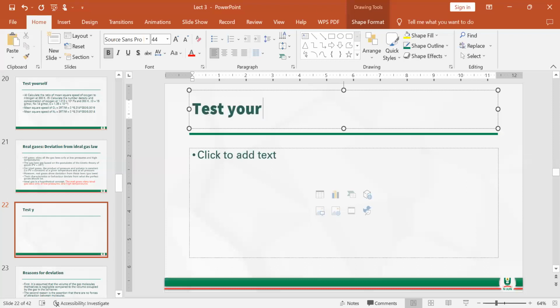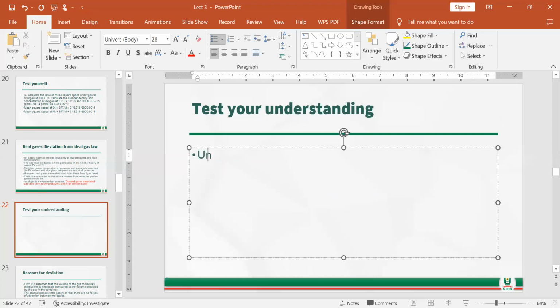So now let's test your understanding. Under what condition do real gases obey the gas laws? So what are the conditions?